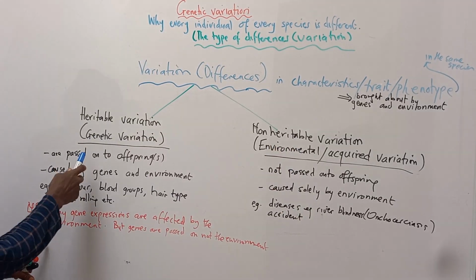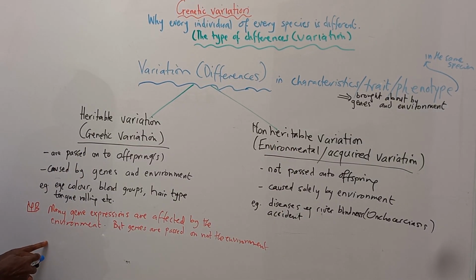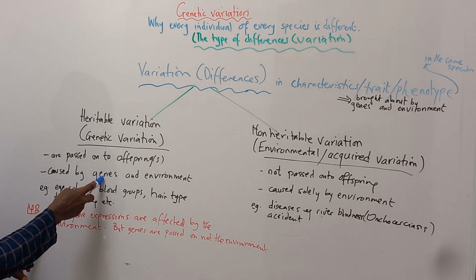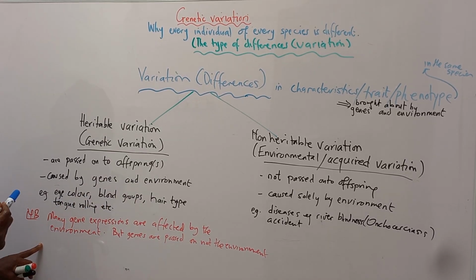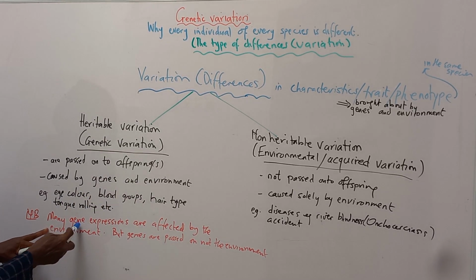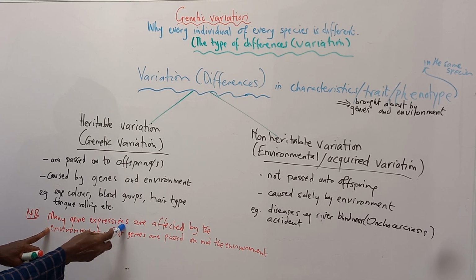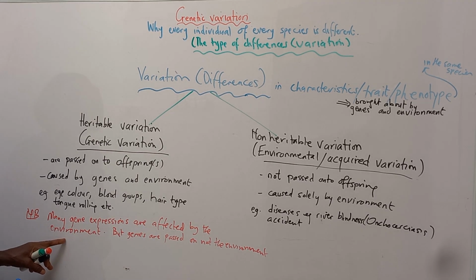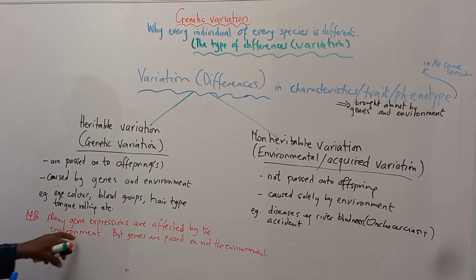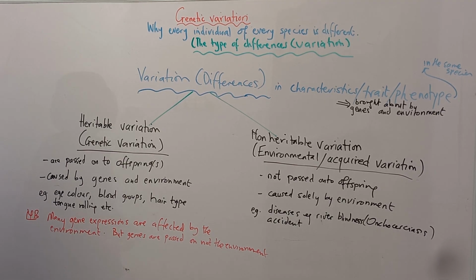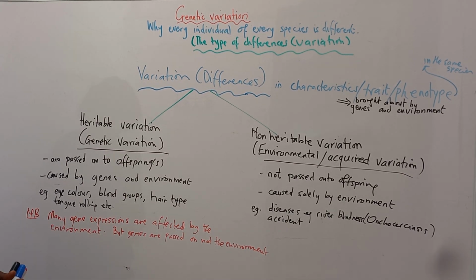Now, let's look at the genetic variation again, that is caused by genes and the environment. And we have to note carefully that many gene expressions are affected by the environment. We want to give an example of gene expressions that are affected by the environment, and one is the Himalayan rabbit.